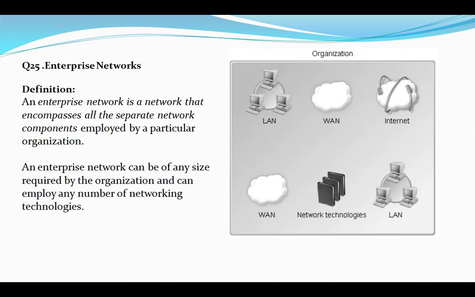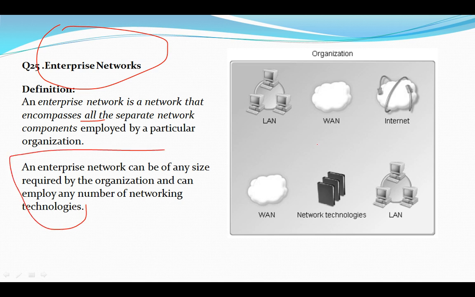Now enterprise network. What do we mean by enterprise network? So guys, an enterprise network is a very big network. An enterprise network is a network that encompasses all separate network components employed by a particular organization. An enterprise network can be of any size required by the organization and can employ any number of networking technologies.